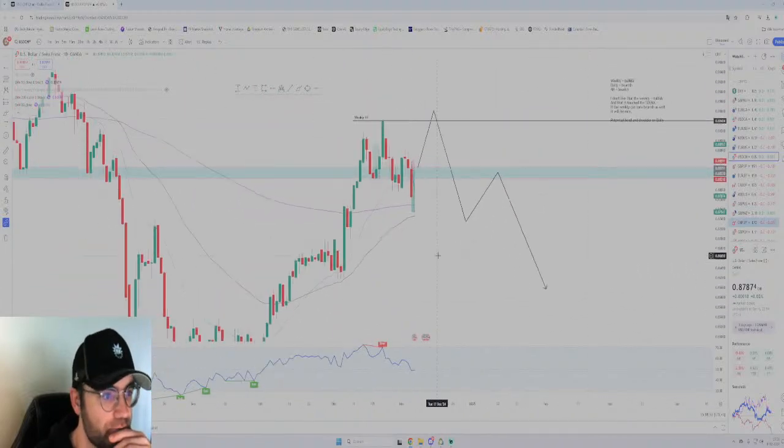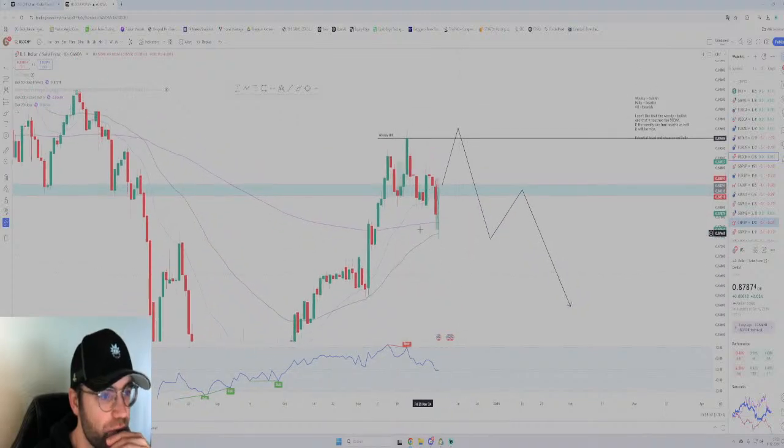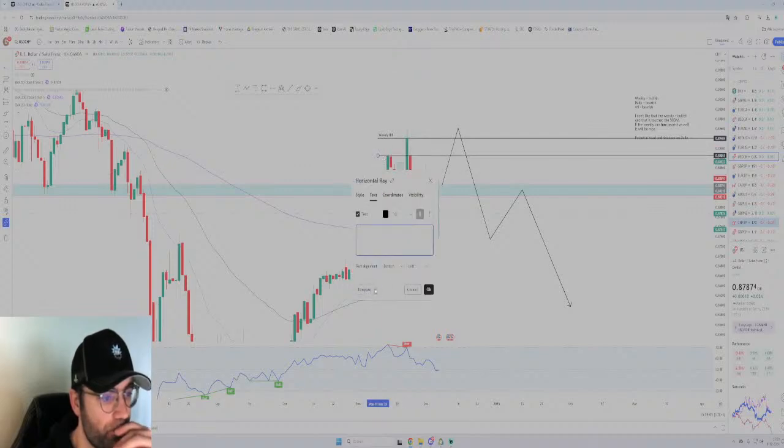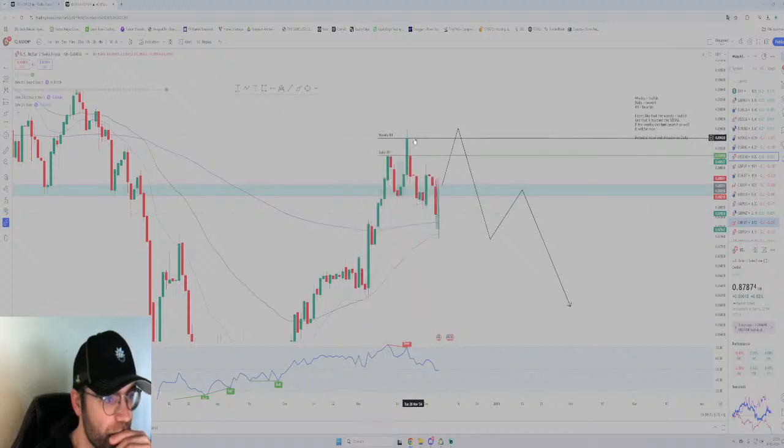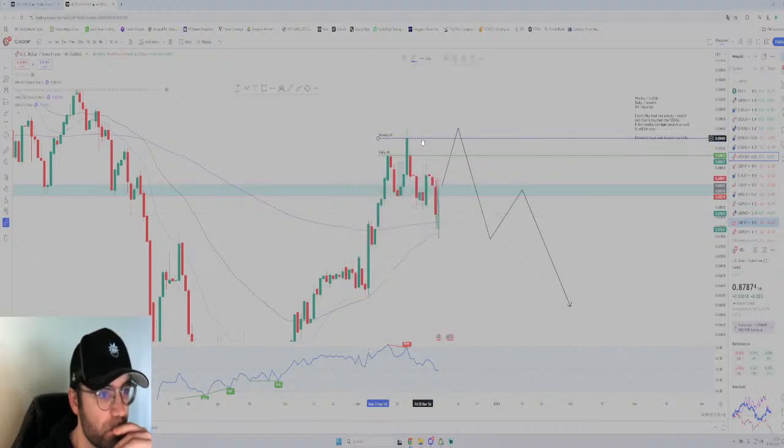Look at the daily. I think the daily just turned bearish. Let's go from here. Oh, I should just do this. My bad. It's better looking, I think.